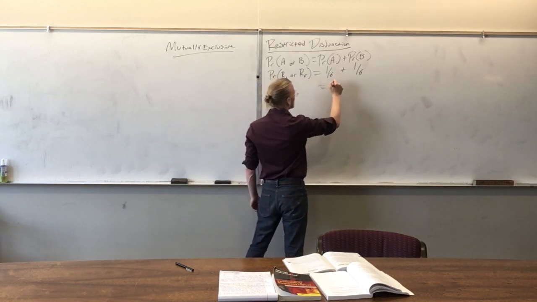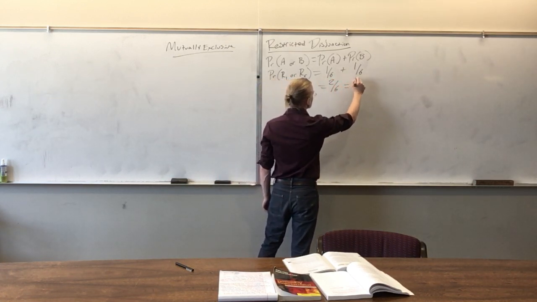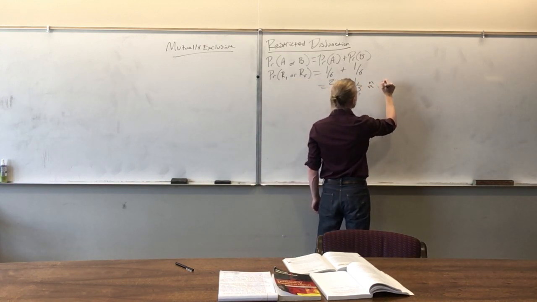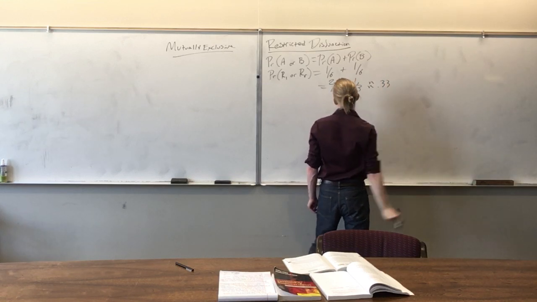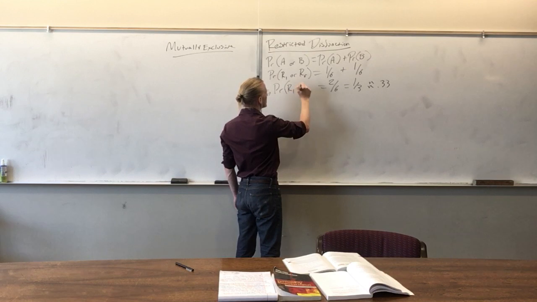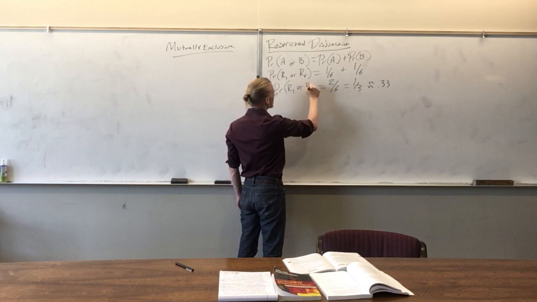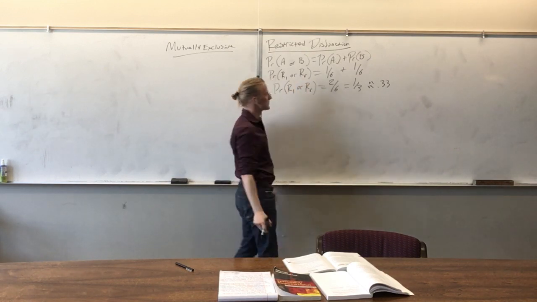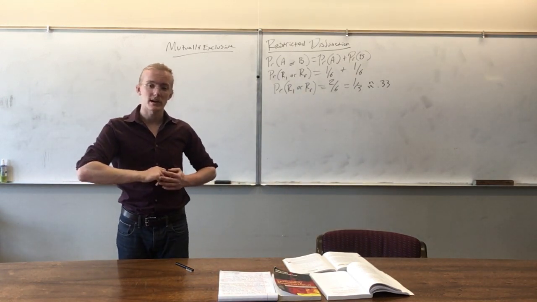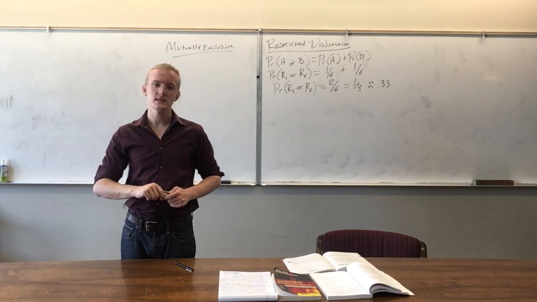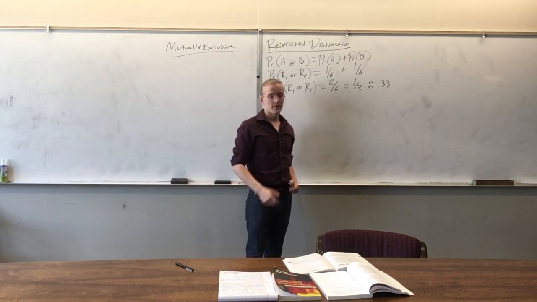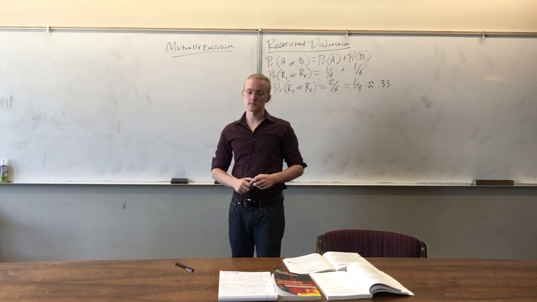And this equals 2/6, which equals 1/3, which equals 0.33. So our probability of rolling a 1 or a 6 is 1/3, right? Because 2 out of the 6 possible occurrences of rolling the die add up to 1/3 of the die's faces.